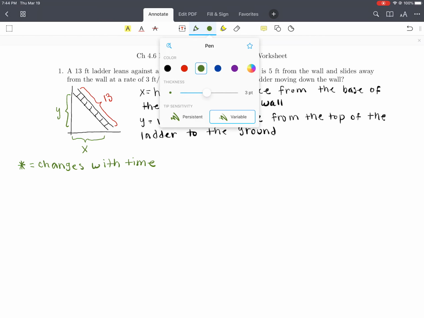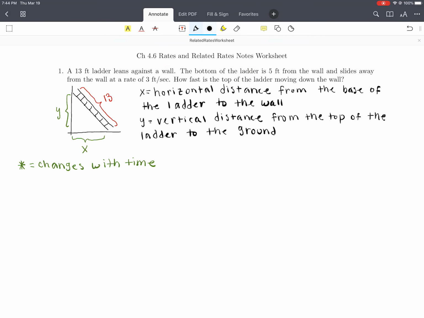So the quantities we're most interested in here are x and y because they're what is changing. So we need to write an equation that relates x and y. We see that there's a triangle going on, right? We've got x, y, and the 13-foot ladder.